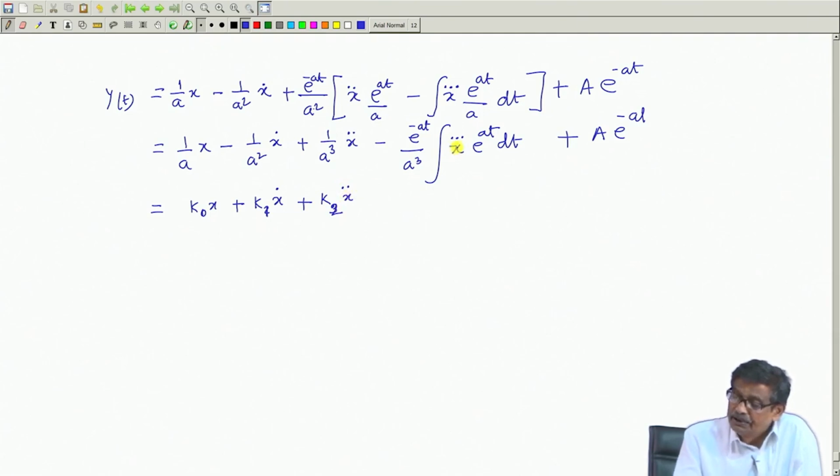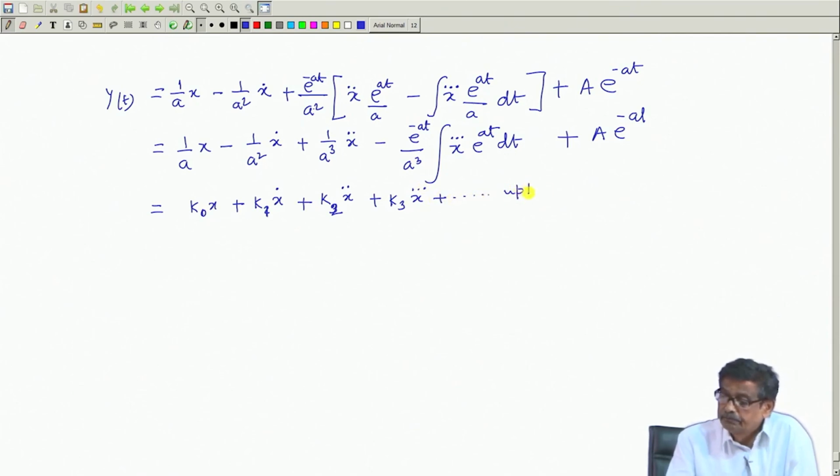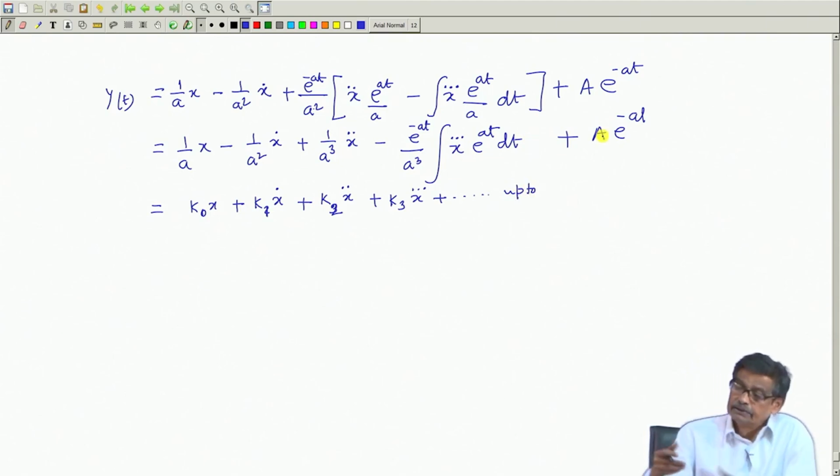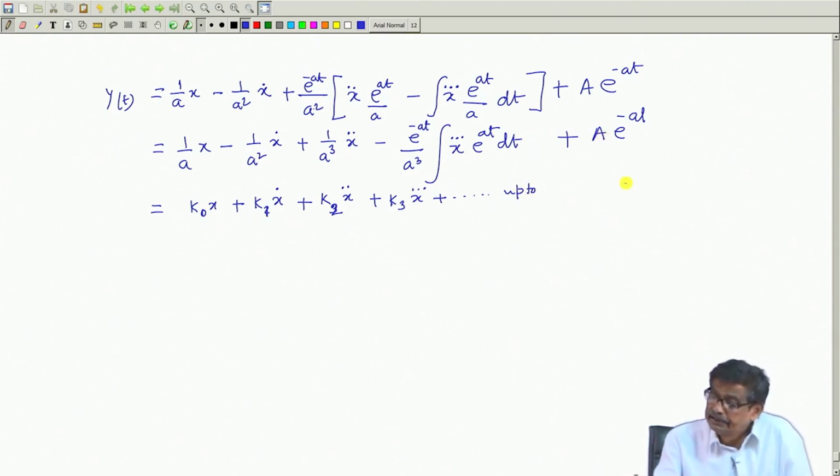Similarly, if you proceed like that, it will give rise to x triple dot, and it looks like it will go forever up to infinity. Go on splitting this and you will get infinite terms, plus a into e to the power minus a t.